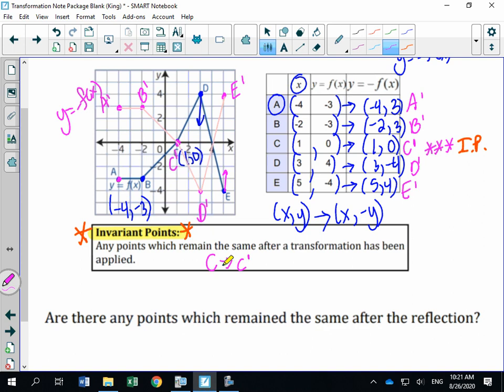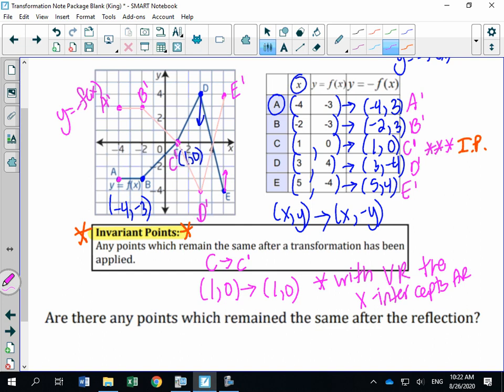Now, what's important to notice, so it was 1, 0 to 1, 0. So what's important to notice, and let's star this, is that with vertical reflections, the x-intercepts are invariant.